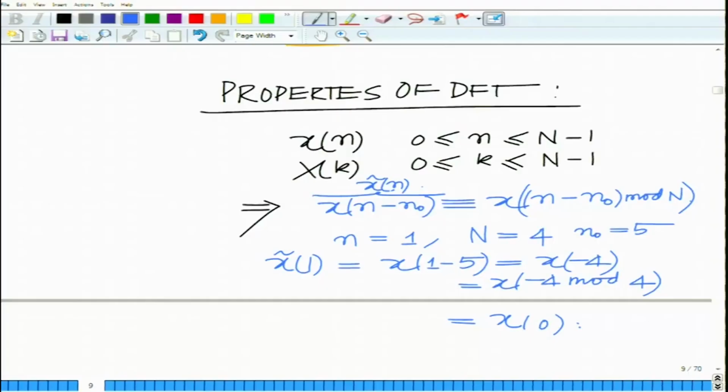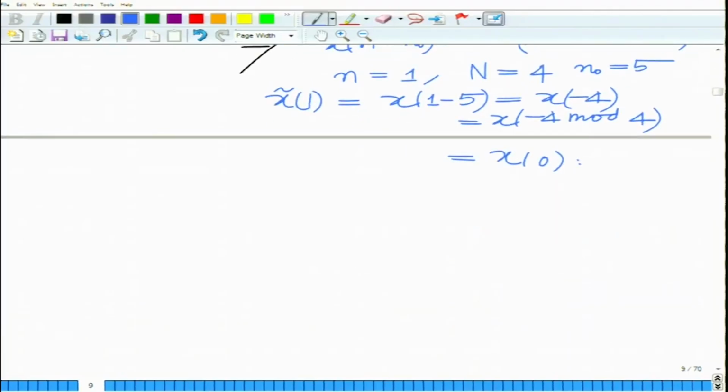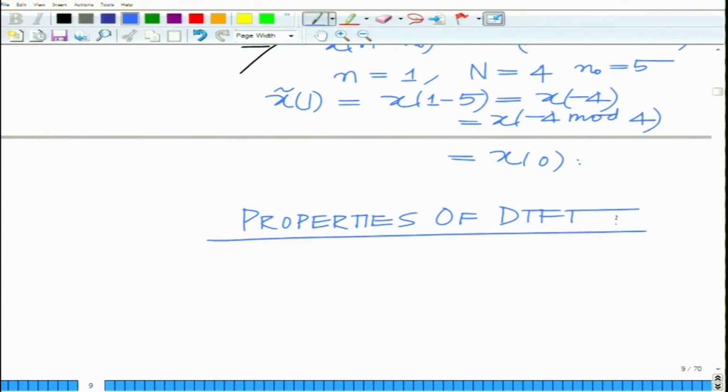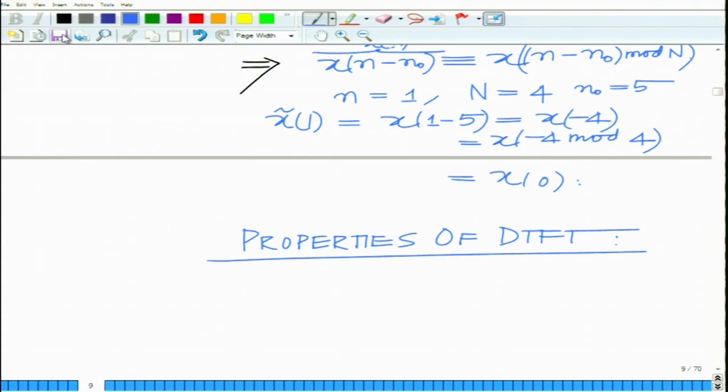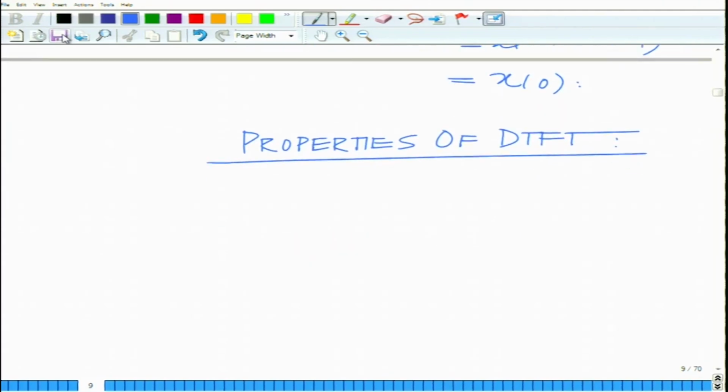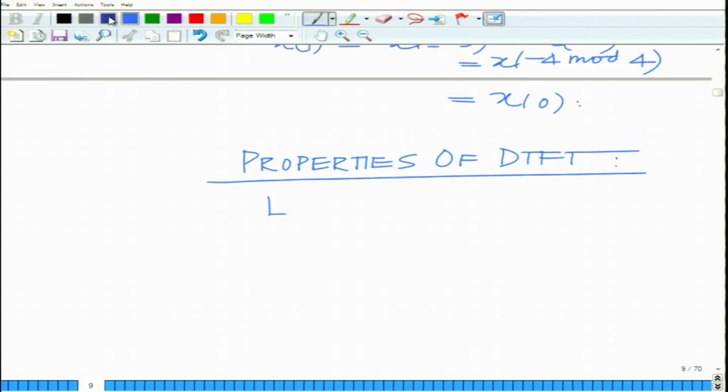All right. And now we look at the properties of the DFT. Again, the standard property, we start with linearity, which is a simple yet fairly powerful and useful property.